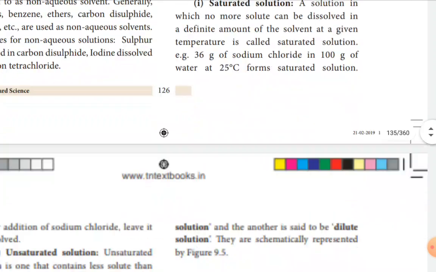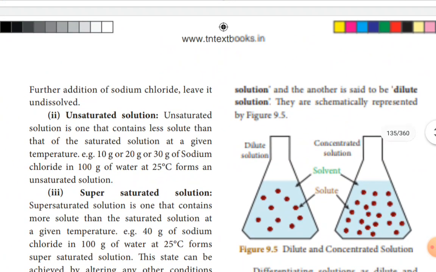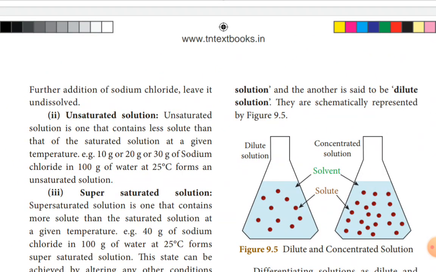Then unsaturated solution: a lesser amount of solid is dissolved compared to the saturated solution at the given temperature. Since it is less, you can add some more solid to get the saturated solution. So an unsaturated solution is one that contains less solid than the saturated solution at a given temperature.